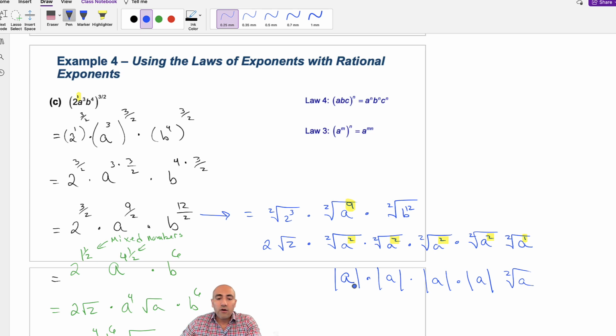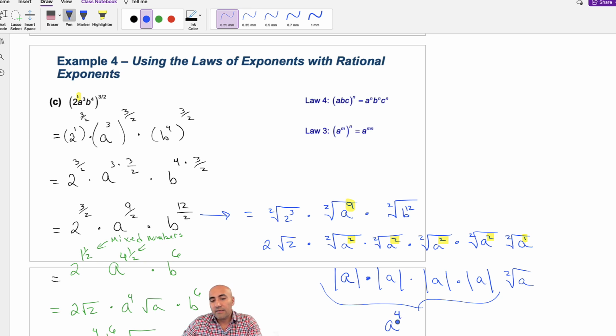Good. So now the absolute value of a times the absolute value of a times the absolute value of a times the absolute value of a is going to guarantee that the answer is positive, because there's 4 of them. These 2 multiply to give you a positive number. So whether a was positive or negative, a to the 4th power is going to be positive. So this just becomes a to the power of 4.